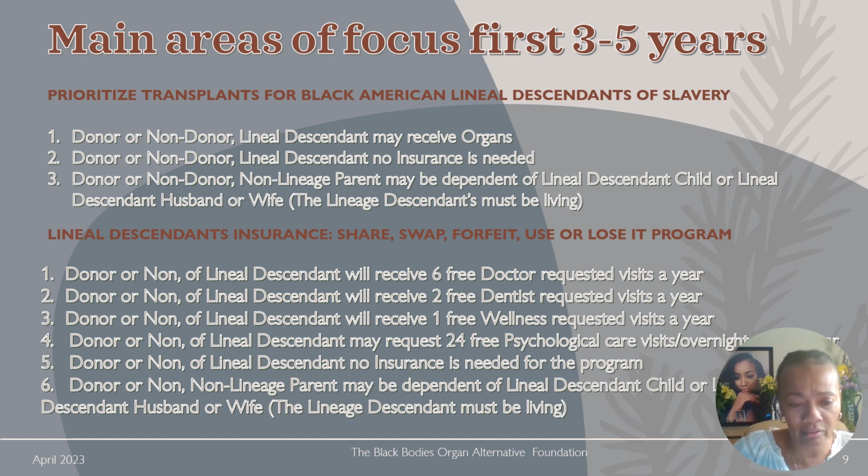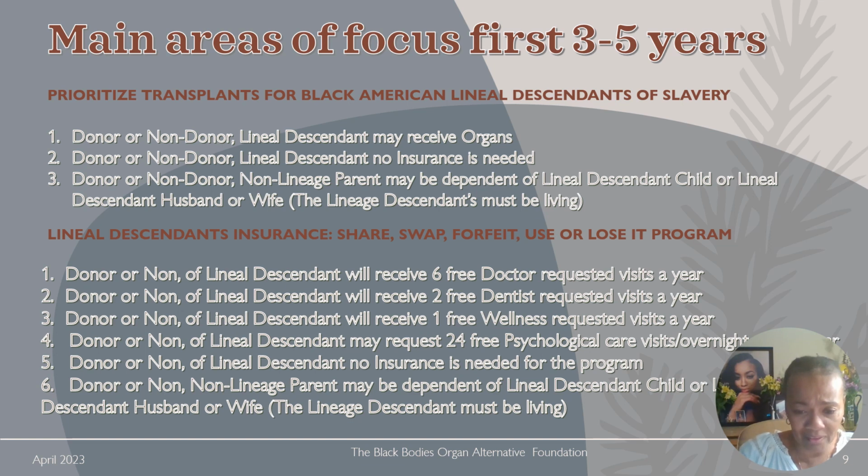If you're a slave descendant, or a non-slave descendant, to be able to get an organ from another slave descendant, you have to be a dependent. In a nutshell, this is an insurance plan that is a share, swap, use it, lose it, forfeit it kind of thing. And it says the same thing as up top for the organs.